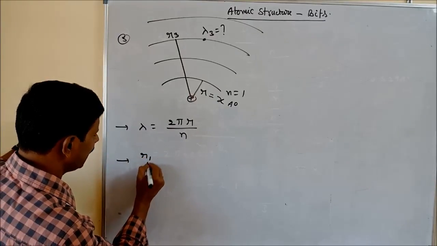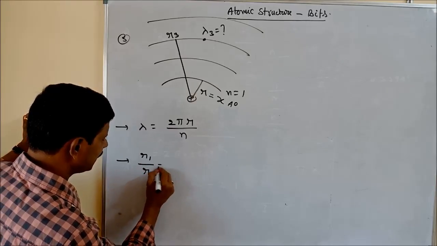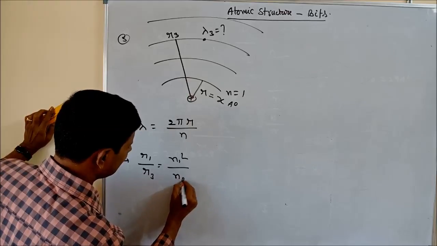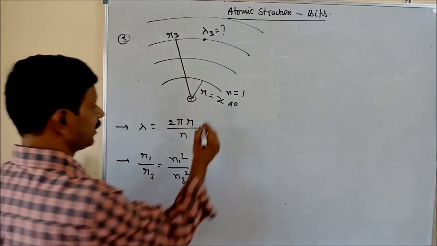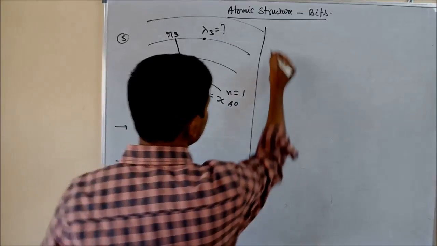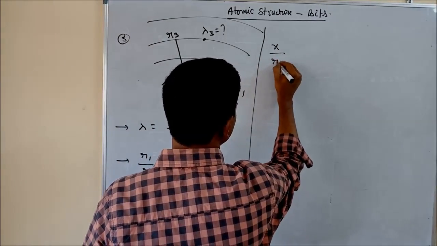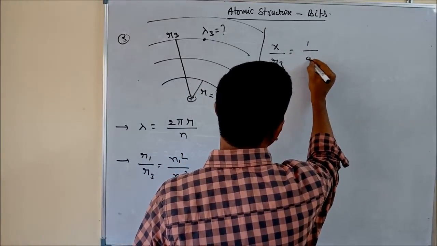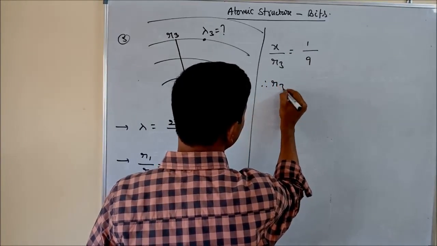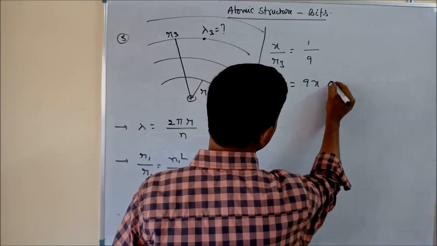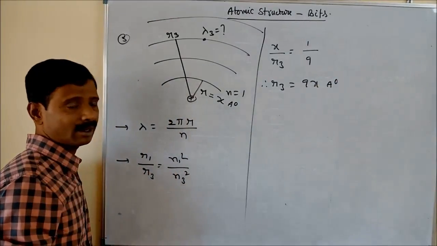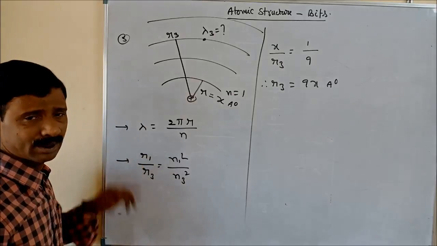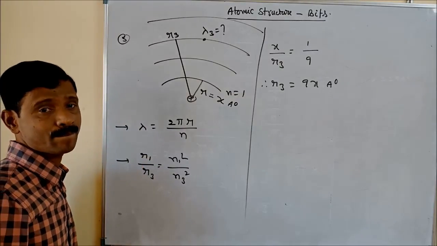So R1 by R3 equals N1 square by N3 square. What is R1? x. So x by R3 equals 1 by 9. Therefore R3 equals 9x angstroms. That is R3. Now we have to go for lambda 3.